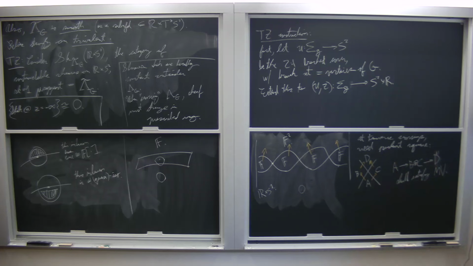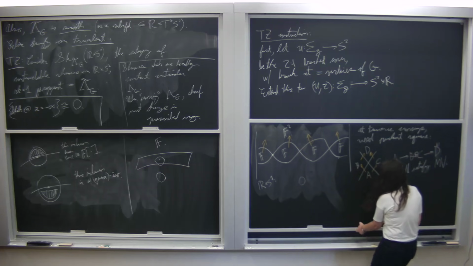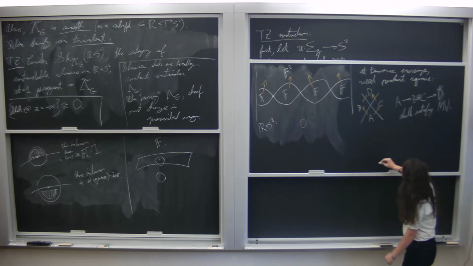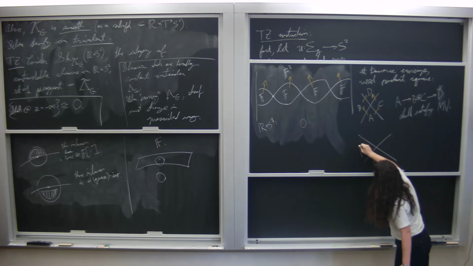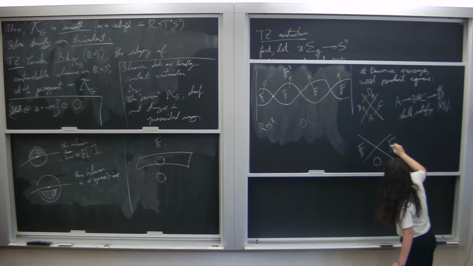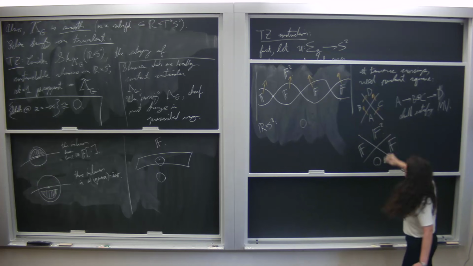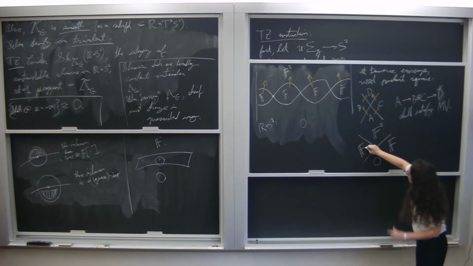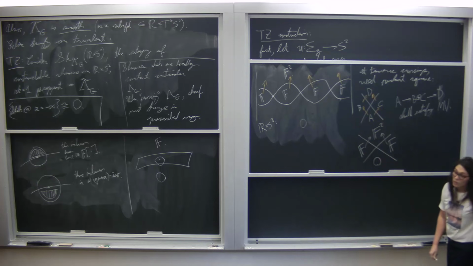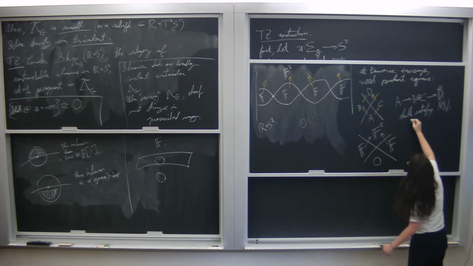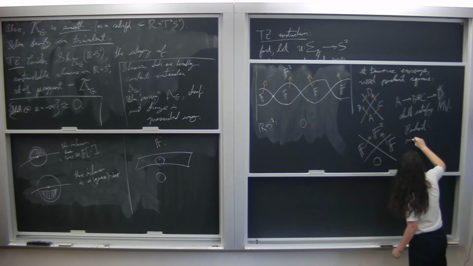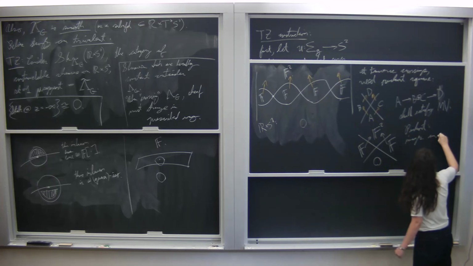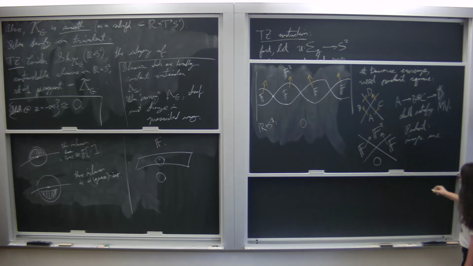So what does that mean in this situation? The only thing we have is 0, F, F, and then F2. To say that it's a push-out is just to say that the images are transverse, right?